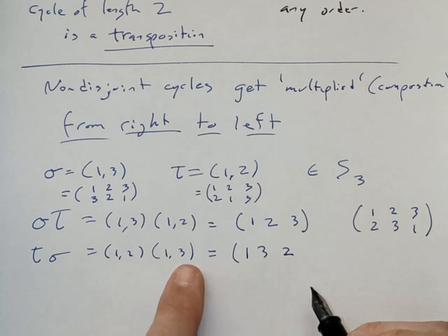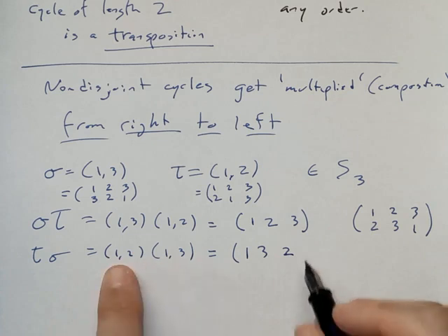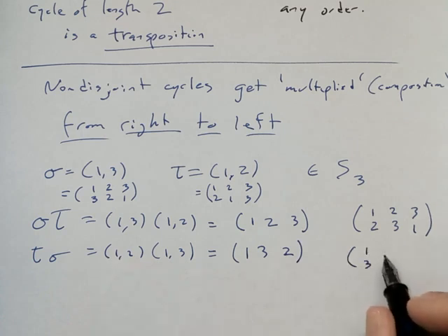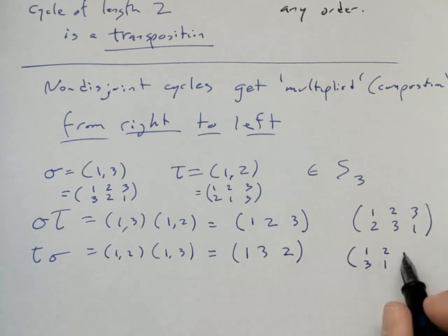What happens to 2? Wait a minute. 2 goes nowhere and then 2 becomes 1. One goes to 3, 2 goes to 1, 3 goes to 2.